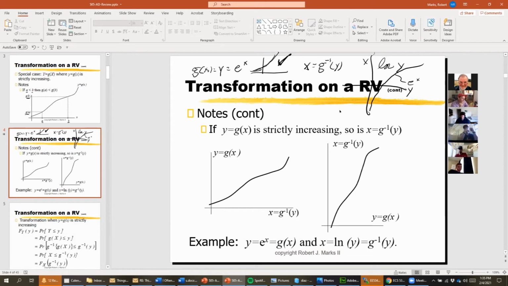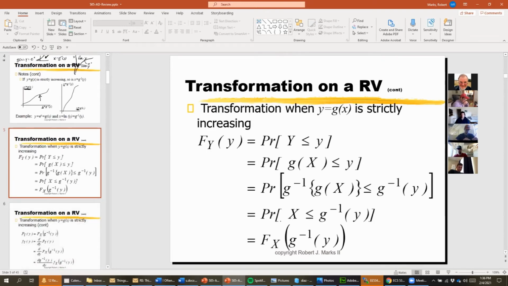Right? So inverses are flipped versions of the original. So if we have Y equal to g of X here, which is strictly increasing, then the inverse is exactly the same curve flipped around so that instead of the y-axis going up and down, the y-axis goes from right to left. And instead of the x-axis going from right to left, the x-axis goes up and down. So they're exactly the same functional plot.